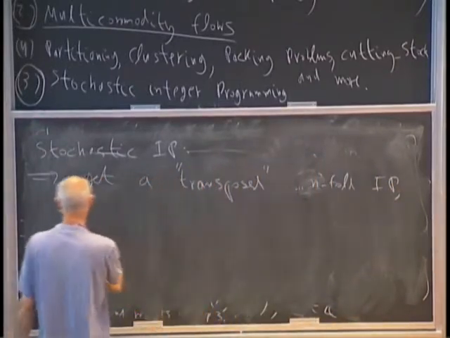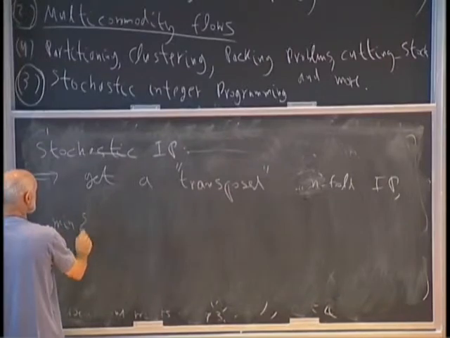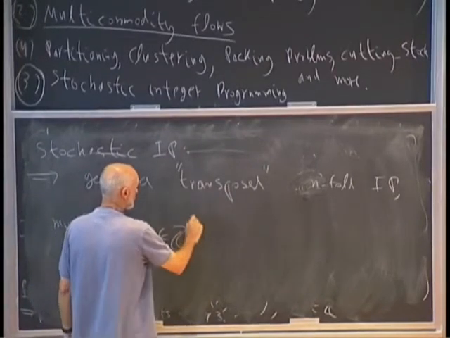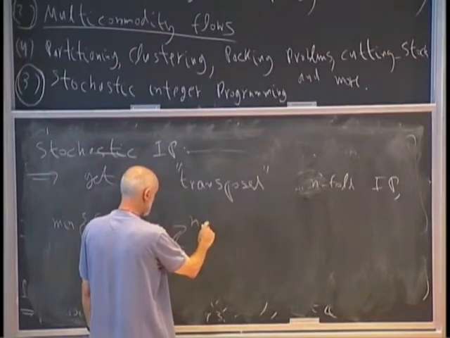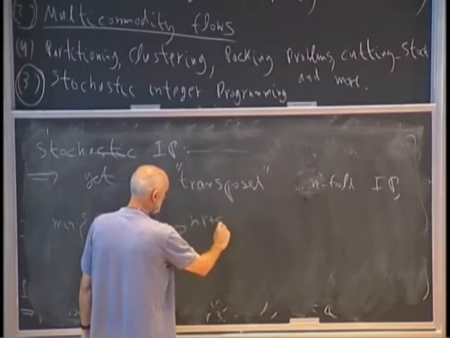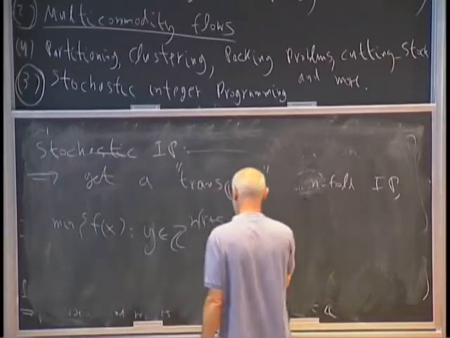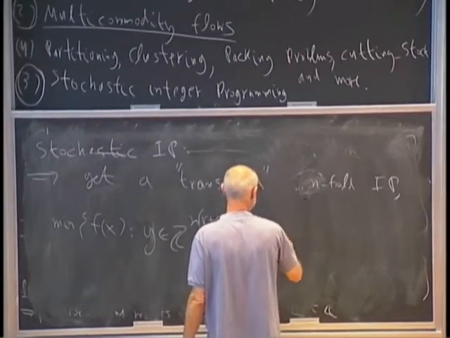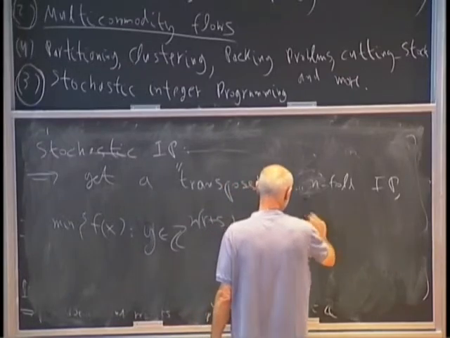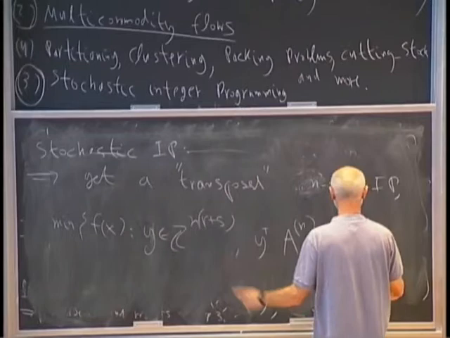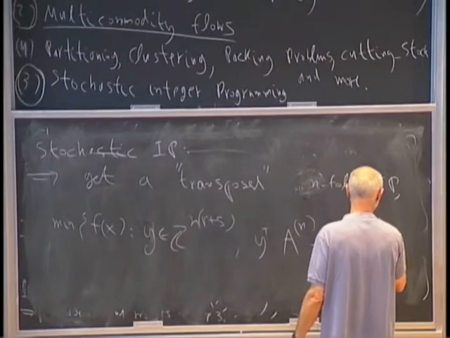So something like, again, minimizing some objective function that is non-negative, let's call it y, equals some b, and y satisfies some lower and upper bounds.